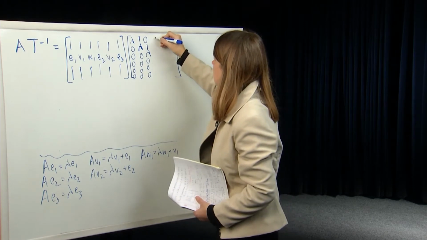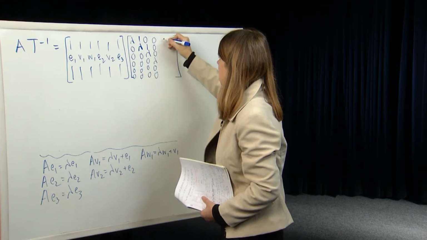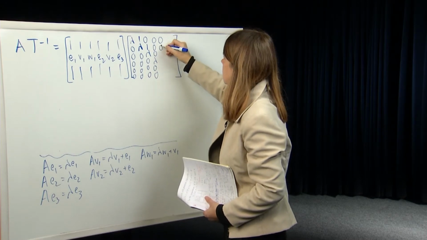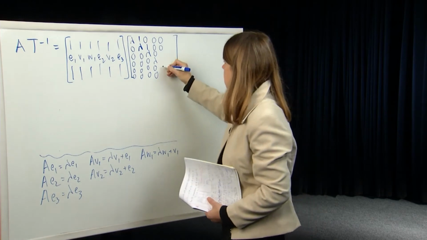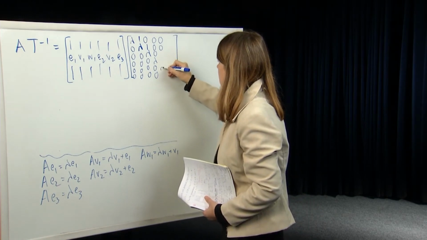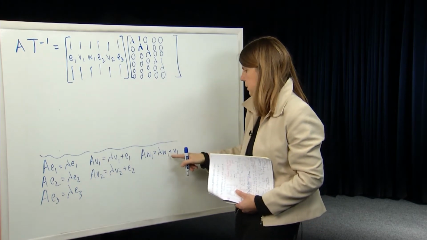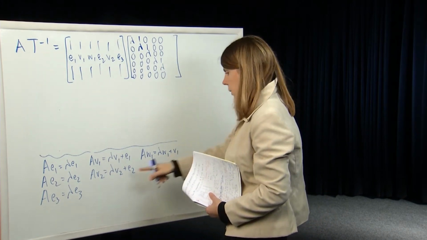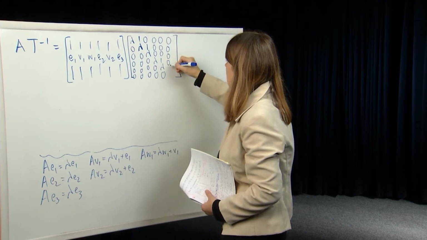A E2 is equal to lambda E2. A V2 is equal to lambda V2 plus E2, so it's a lambda 1, like that. And then finally, A E3 is equal to lambda E3, so that's just a lambda here.